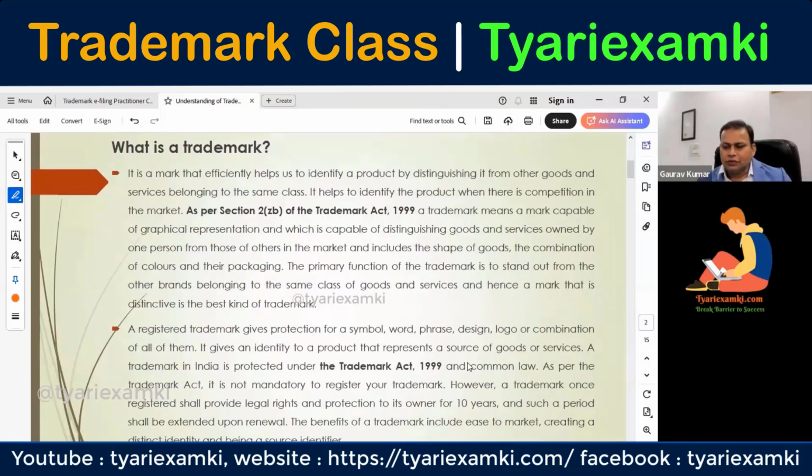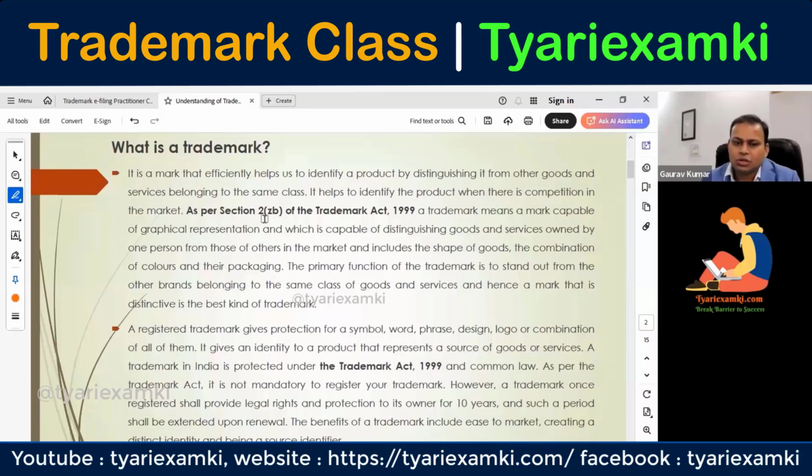Now, if we go into the deeper understanding of the Trademark Act and the rules and regulations, what is a trademark? It is a mark that helps you to identify a product by distinguishing it from other goods and services belonging to the same class. It helps to identify the product when there is competition in the market.